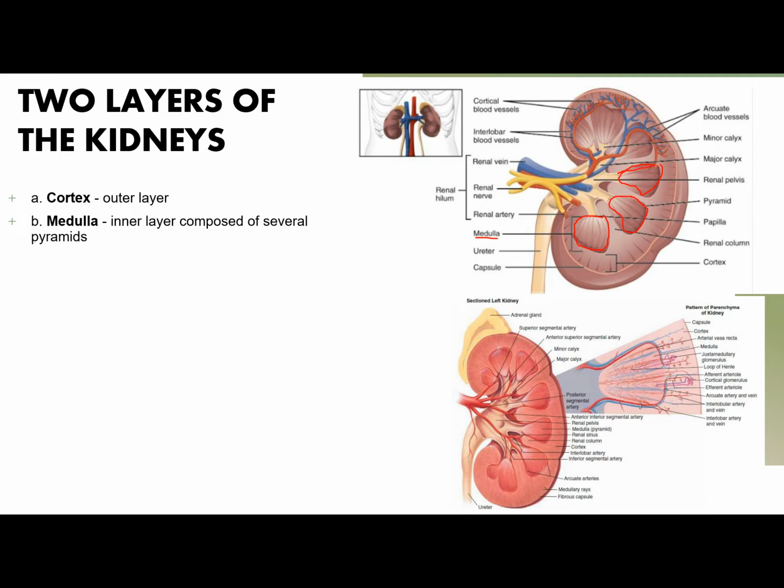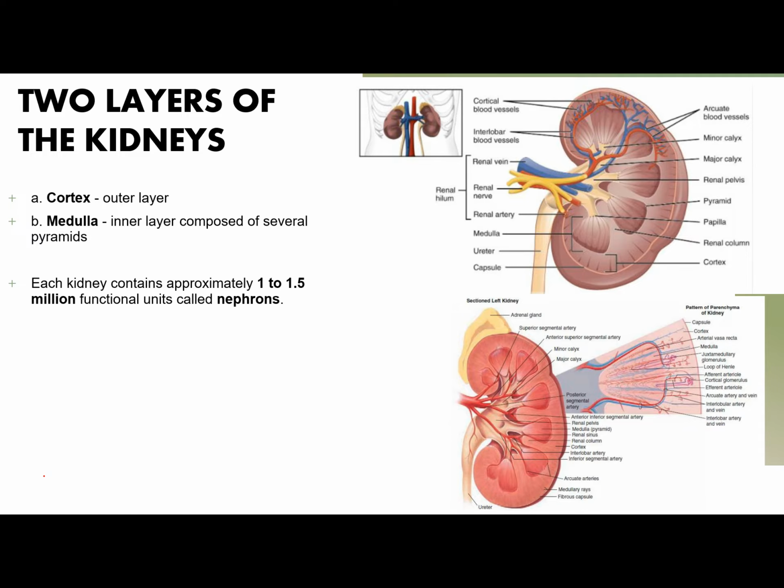When you look at them, they look like pyramids. They're not really triangular, but you get the shadow or the appearance of a pyramid, right? It looks triangular in shape, but not fully triangular. So this is composed of several pyramids. 1, 2, 3, 4, 5, 6. At most 6, in others more than 6, depending on the kidneys. So the medulla is the inner layer composed of several pyramids.